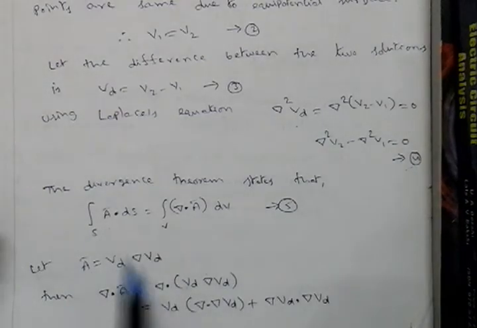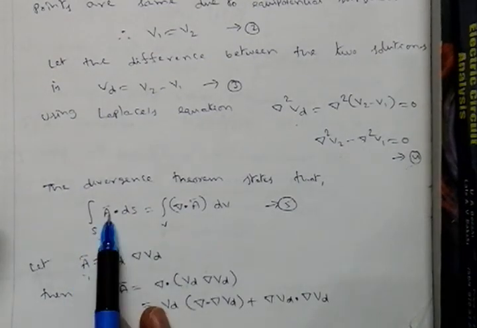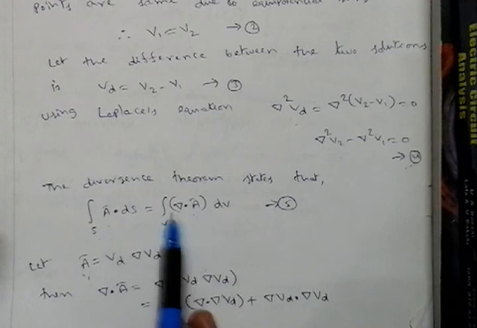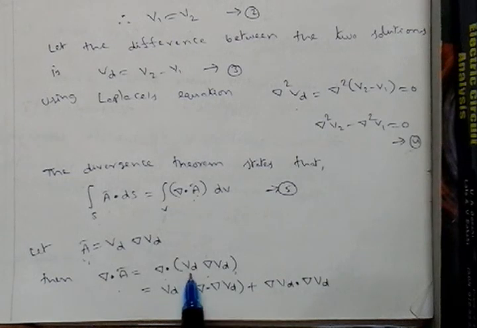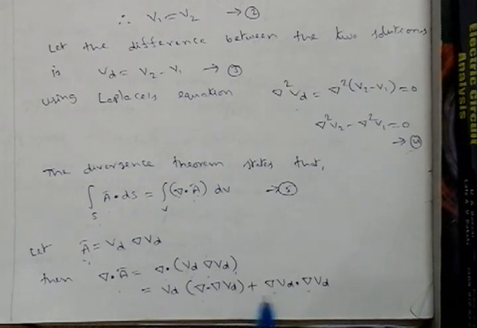Now A bar is straightforward, you can substitute here, but here we need to calculate del dot A bar. Del dot of A bar is del dot of Vd into del Vd. We need to expand this one using the vector algebra formula: Vd into del dot del Vd plus del Vd dot del Vd.